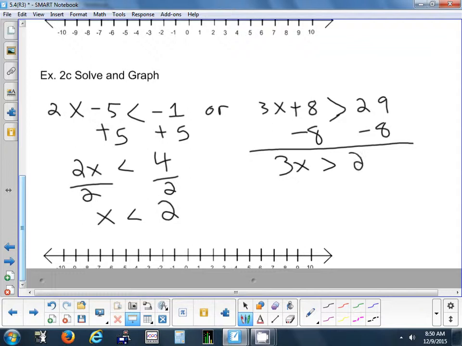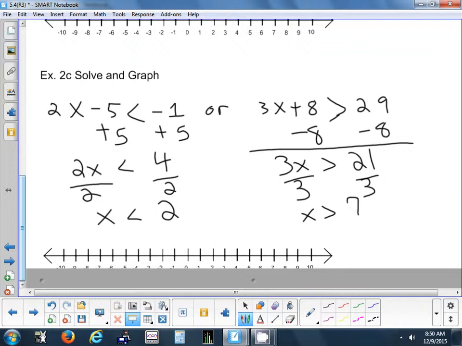What do I get here, Alexis? 21. Mr. Gallant, what am I dividing by? 3. What's that mean for the sign? It's going to stay the same. How come? Because 3 is a positive. Divided by a positive. Good. So I'm dividing by 3. I'll get x here, and I'll get 21 divided by 3? 7.